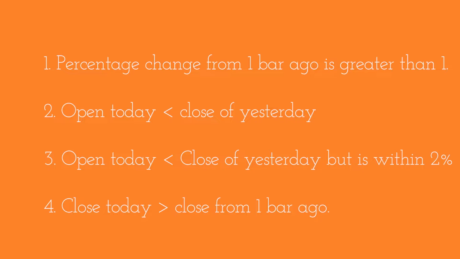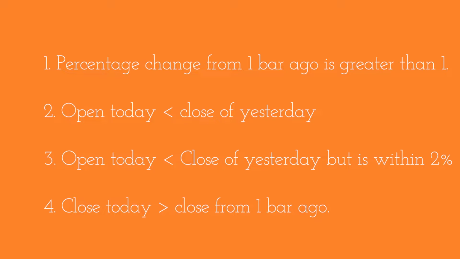The first condition is that the percent change from 1 bar ago is greater than one, right? So comparing it to yesterday, the stock today closed at least 1% above. So 1% is the minimum. The open today is less than the close of yesterday. That's condition number two.